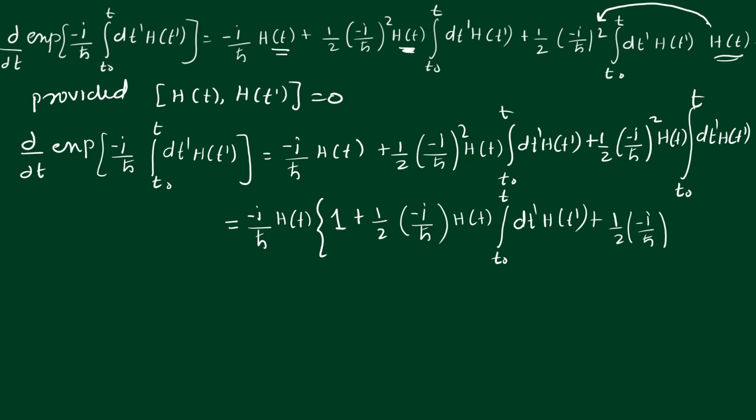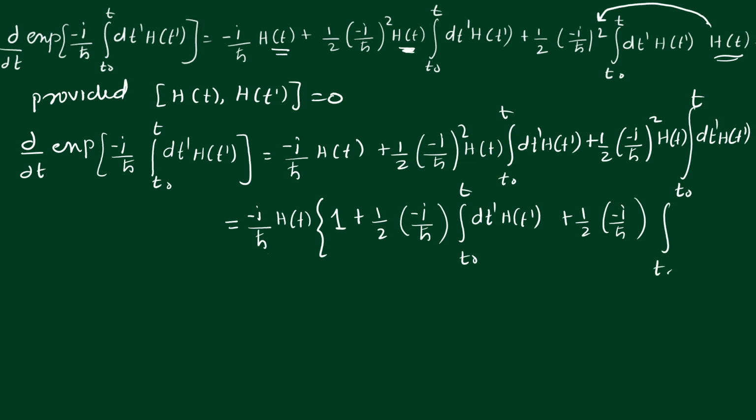Oh sorry, there's no H(t) here because we have pulled it out. Let me correct it. So this is half minus i/ħ integral t0 to t dt' H(t') plus half minus i/ħ integral t0 to t dt' H(t'), and there are other terms which we have not included.